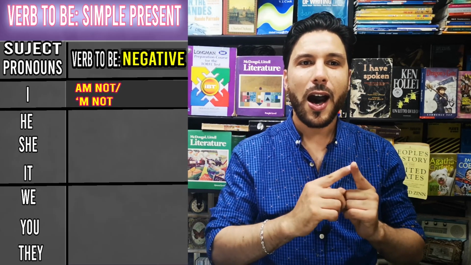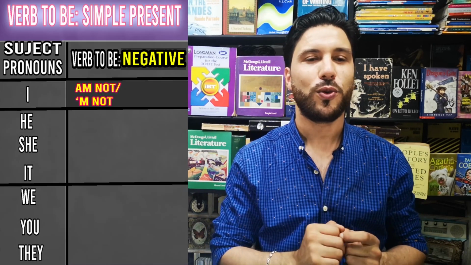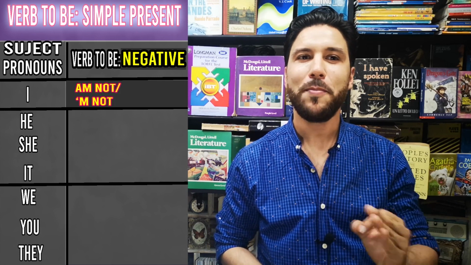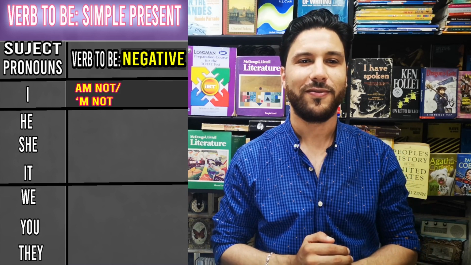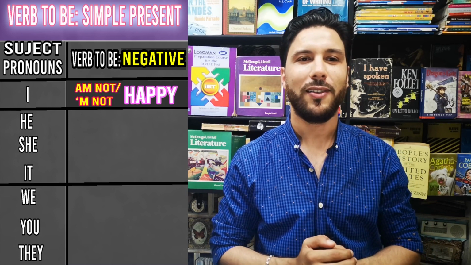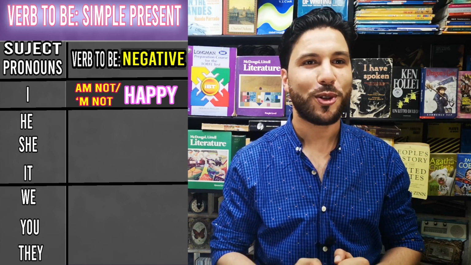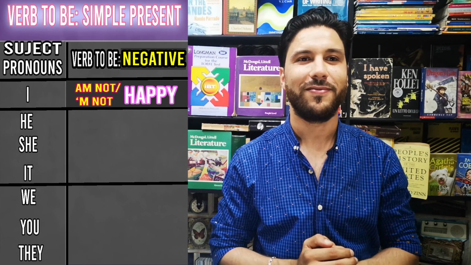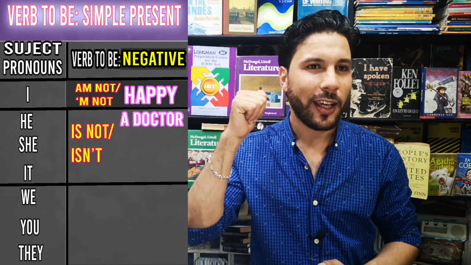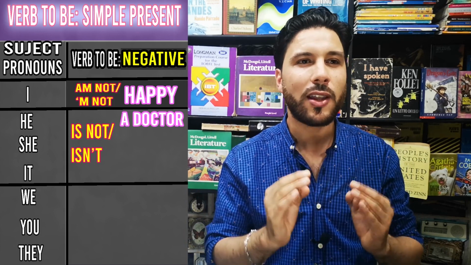It is quite easy to use the negative form with verb to be. Please let's see. I am not. Example: I am not happy. He is not a doctor.